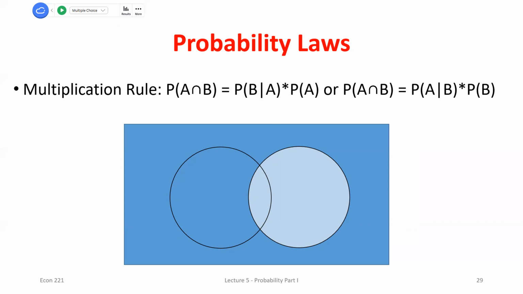Just to get a little bit of an insight here, we would call this the unconditional probability of event A. And this is the conditional probability of A. I'm still looking for the probability of A, whatever's on the left-hand side of that conditional line.